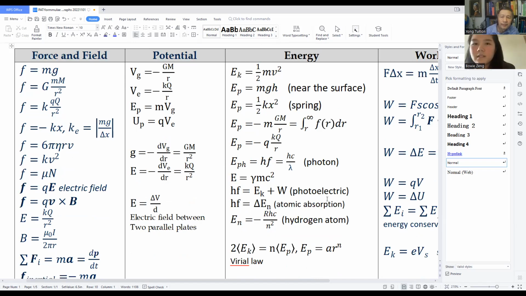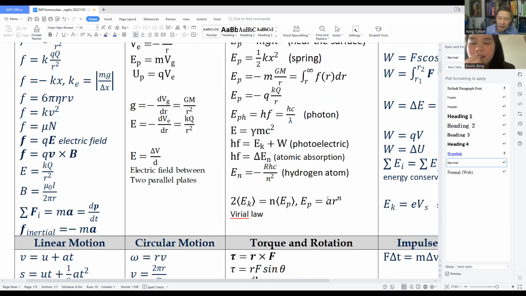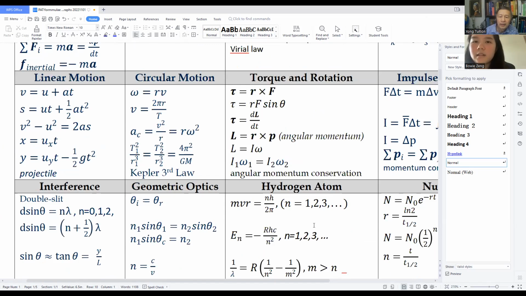Which one? I don't remember. It's from a past exam paper, something elastic, the springs, effective energy or effective force.